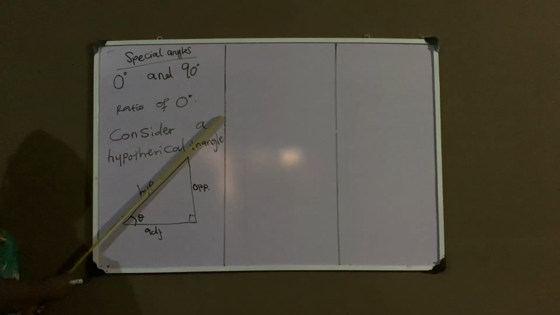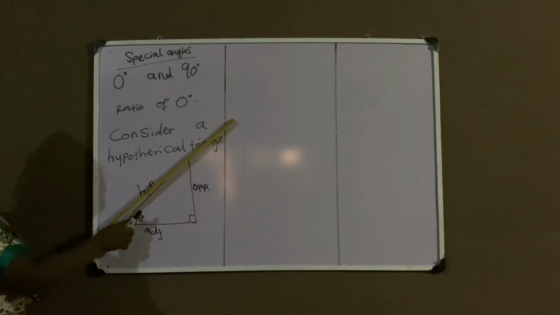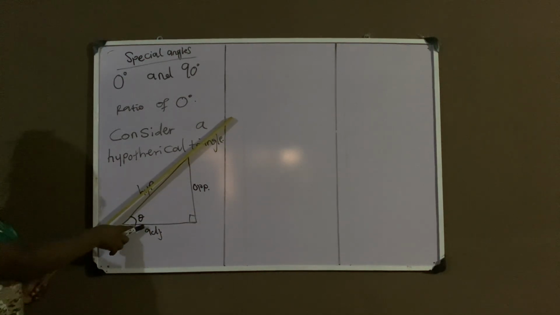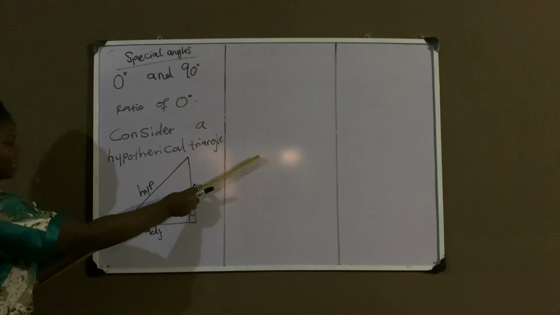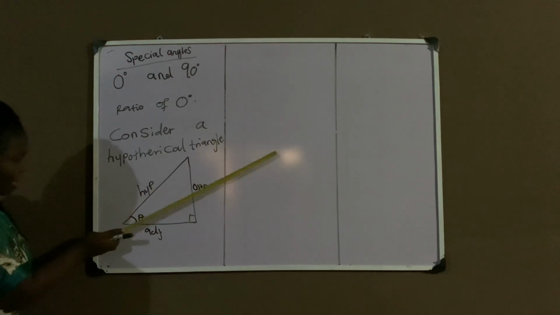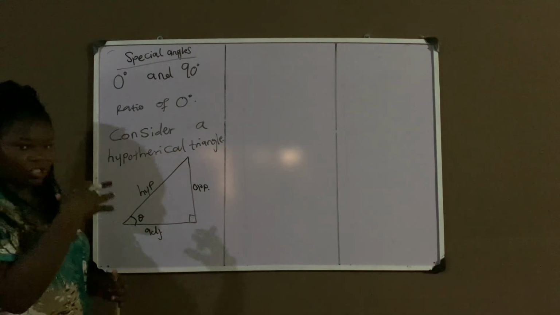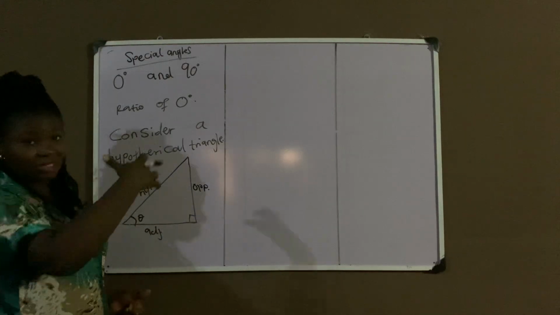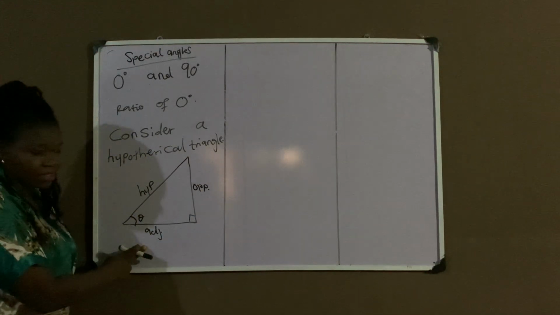This hypotenuse is trying to approach 0 degree, that means we are not going to have anything like theta here. Trying to approach 0 degree, it is coming down. And as this is trying to move here, you find out that this opposite here is gone. That is, opposite is now 0, and the hypotenuse is becoming the adjacent.